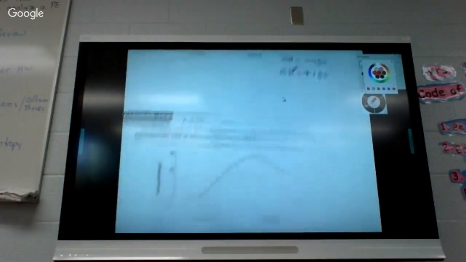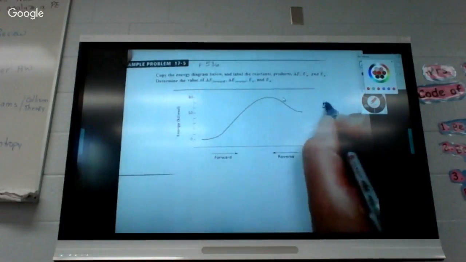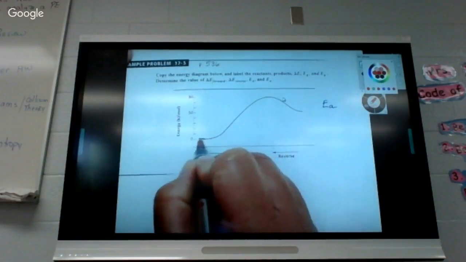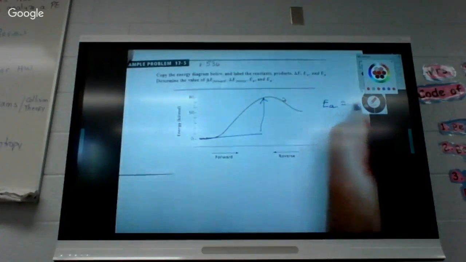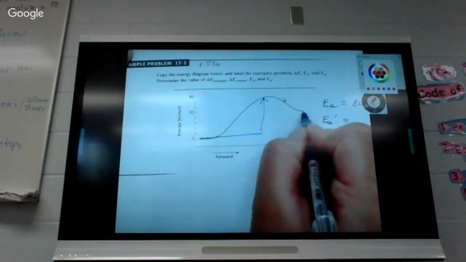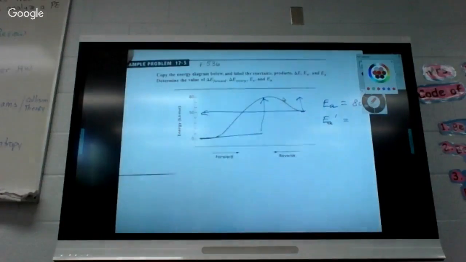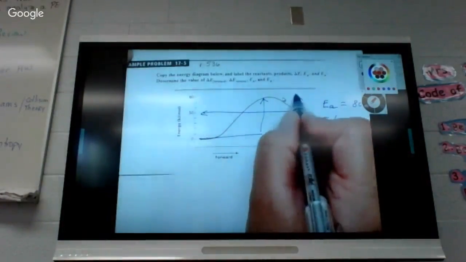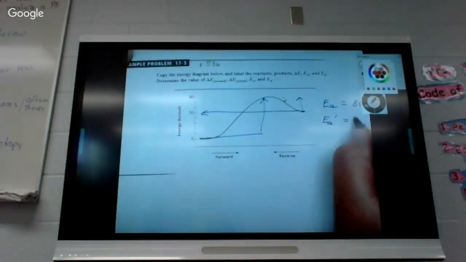Now, for the second one, EA goes from where? From 0 to 80. So EA is 80. EA reverse goes from the products to where? The products need to be estimated at 50. So 50 to the top. So 50 to 80 is how much difference? 30.